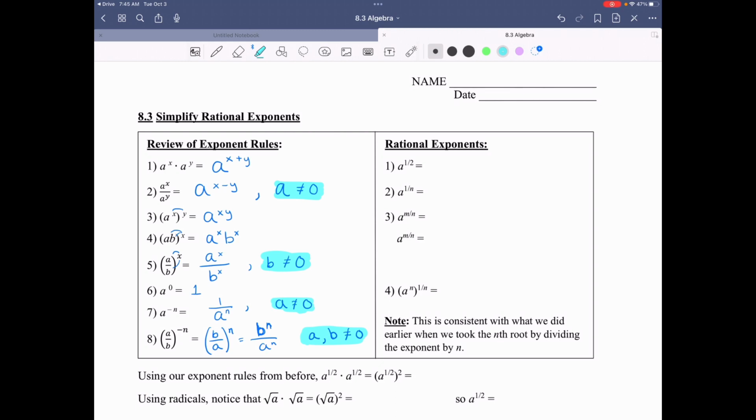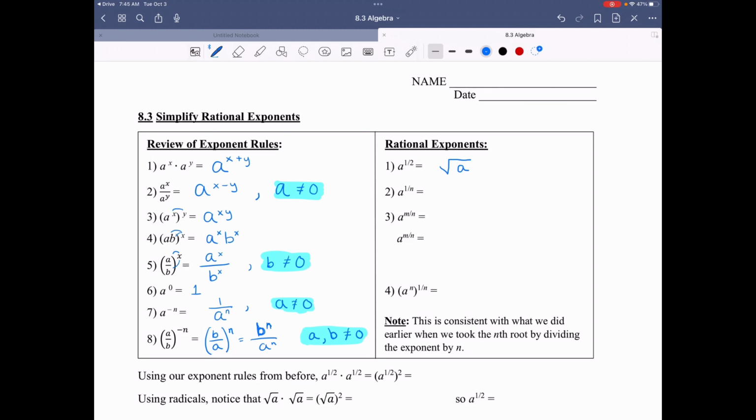All right. In this next case, we're looking at rational exponents, and we can have exponents that are fractions, and this is a bit new. If you have a to the 1/2, that is really the same as the square root of a. So this is a new rule to remember.